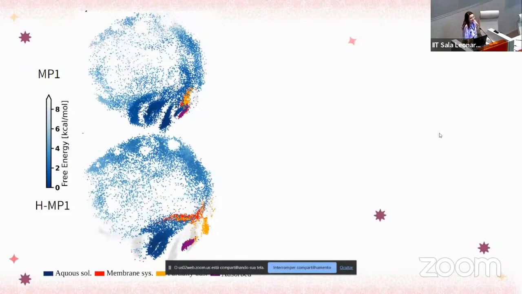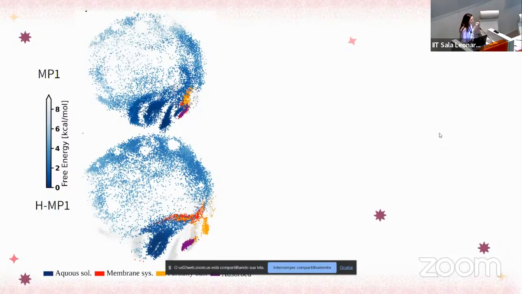So we did the simulation at different temperatures so we could estimate free energy by WHAM. And here is the projection colored by its free energy, from blue to white, from lower free energy values to higher.